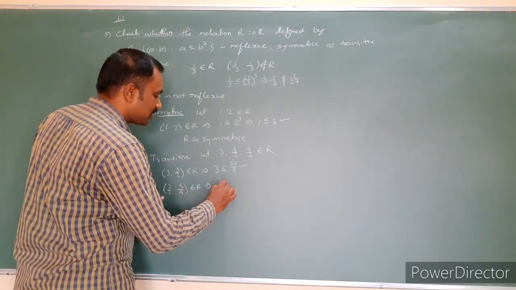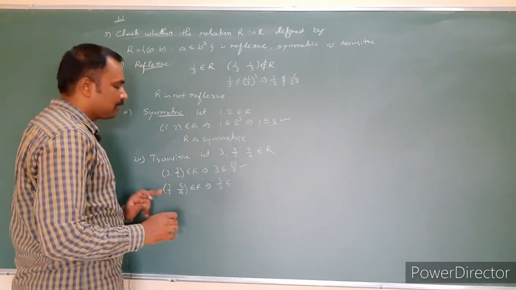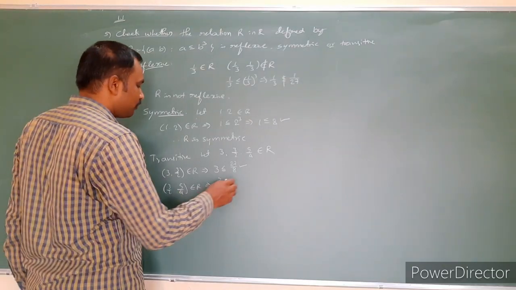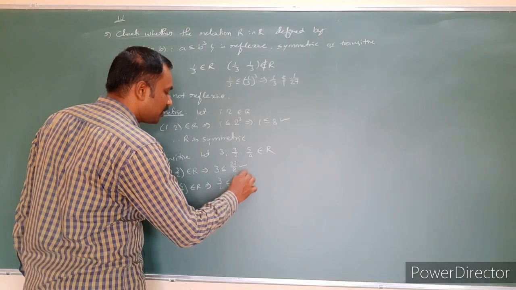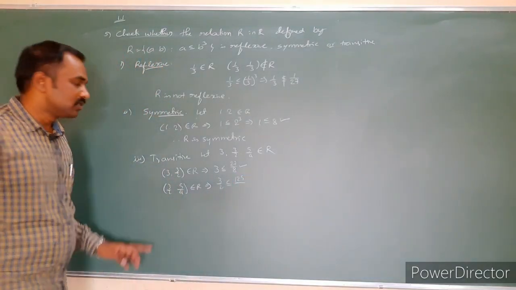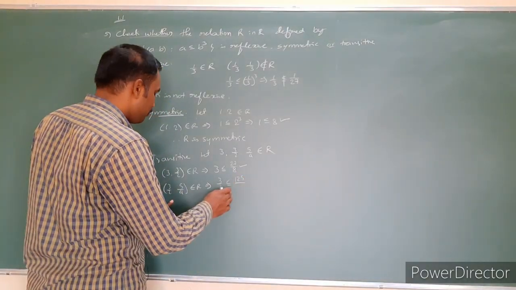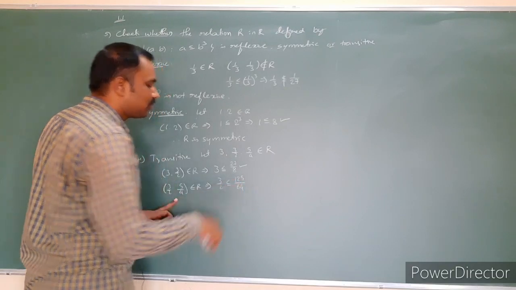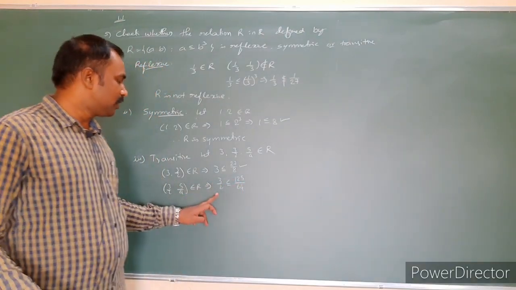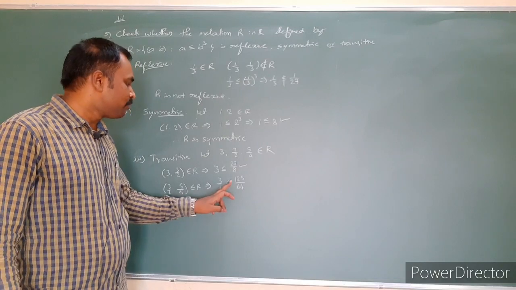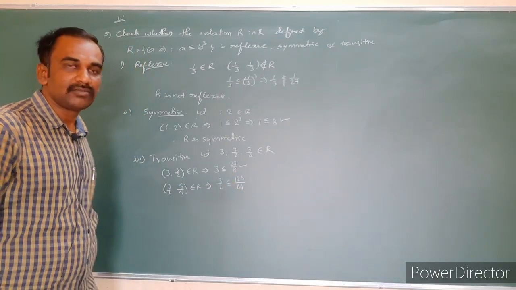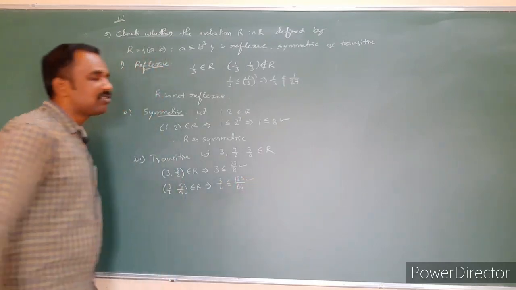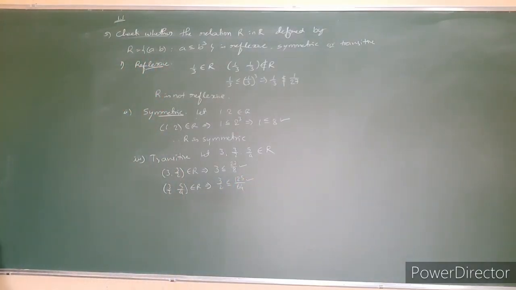Is 3 by 2 less than or equal to (5 by 4) whole cube? 5 cube is nothing but 125, divided by 4 cube, that is 64. 3 by 2 is nothing but 1.5. 125 divided by 64, yes, obviously it is more than 1.5. So obviously this inequality also satisfies the condition.